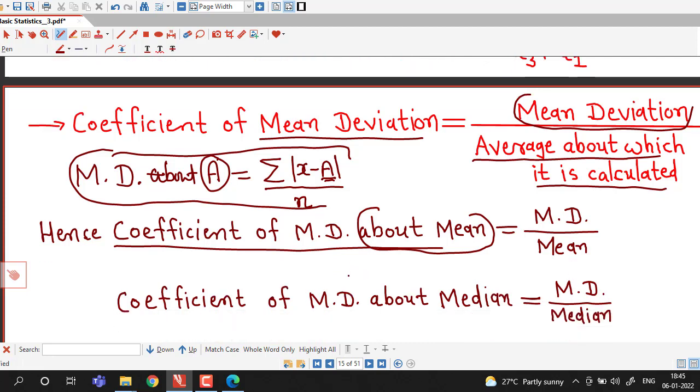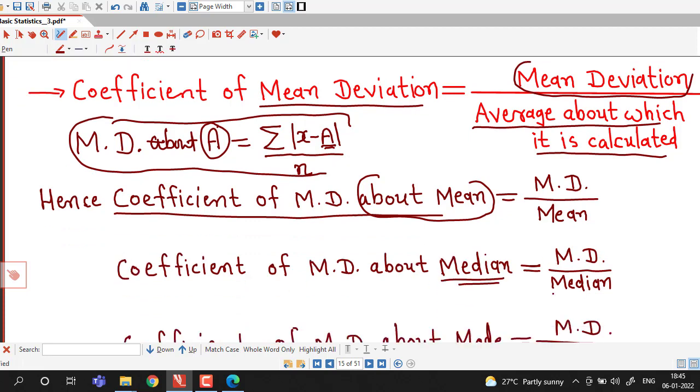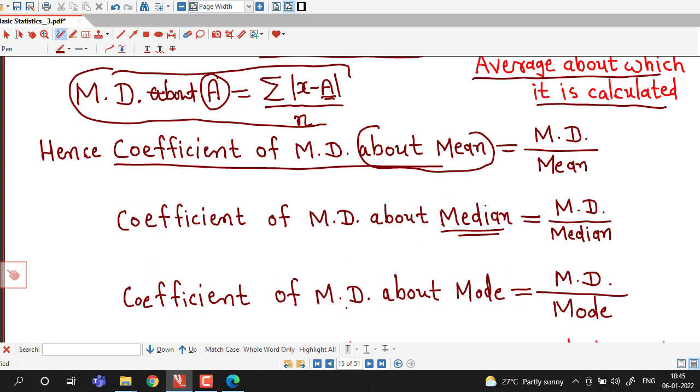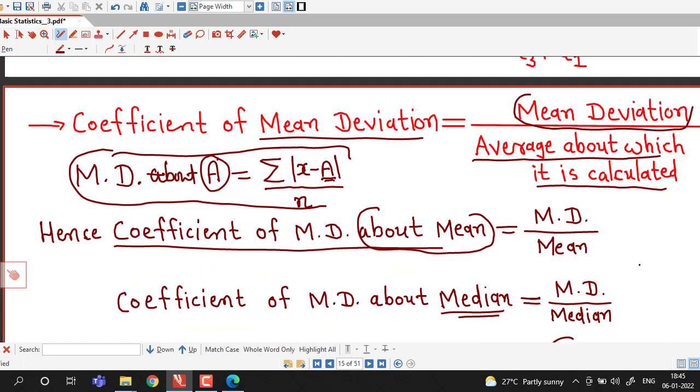Similarly, coefficient of mean deviation about median is mean deviation divided by median, and coefficient of mean deviation about mode is equal to mean deviation divided by mode. So for coefficient of mean deviation, we will divide mean deviation by that average which we are using to compute mean deviation.